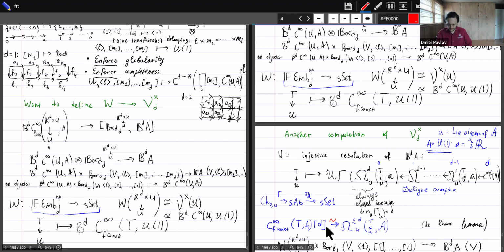So why is that? Well, the traditional Poincaré lemma would tell you that this chain complex is exact in almost every term, except possibly for the last two.